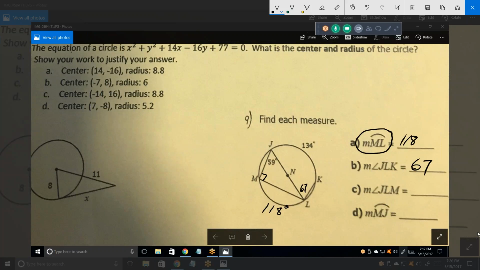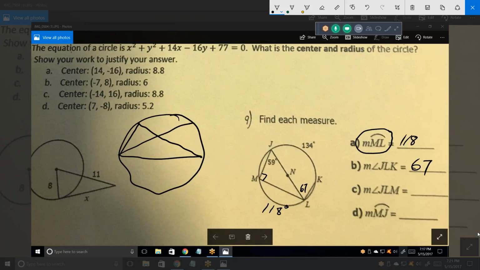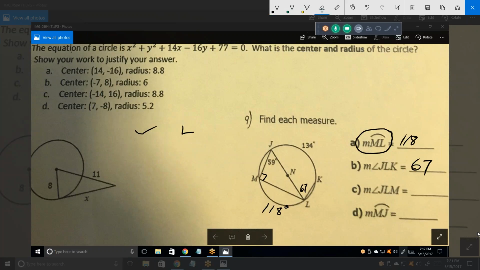When you inscribe triangles in a semicircle, they're always right triangles. I cannot draw a triangle inside of a semicircle without making it a right triangle. Doesn't matter how I draw it. I can draw it like that. I can draw it like that. These are always right angles. Okay? 31 degrees. Okay, good.